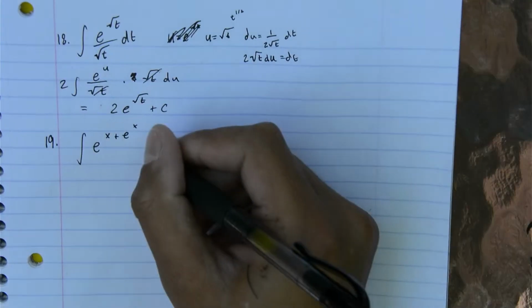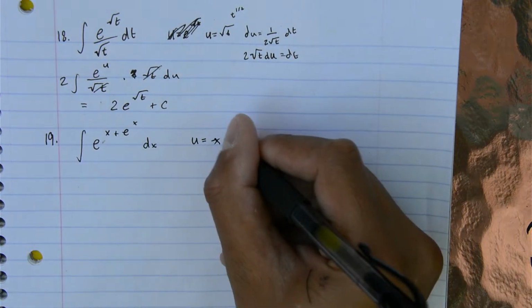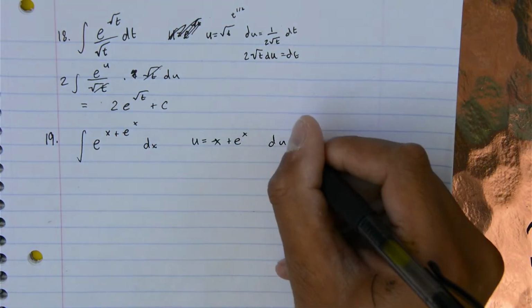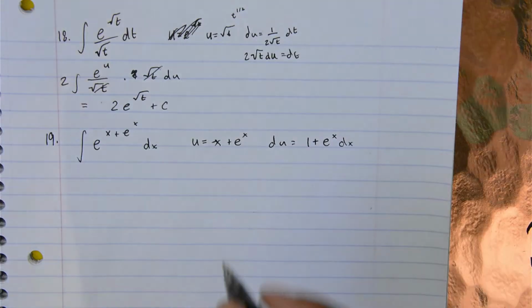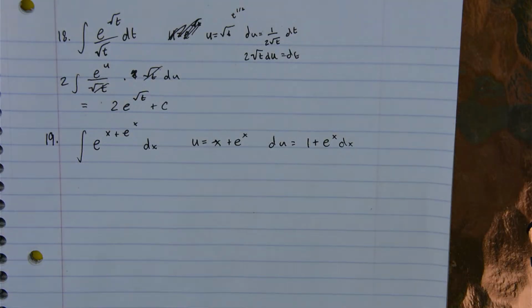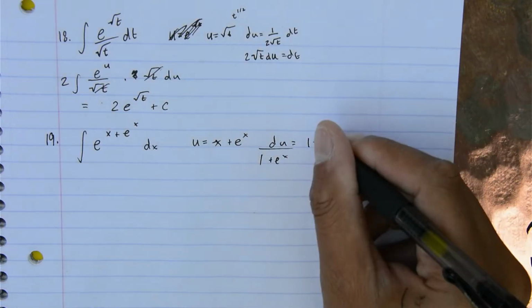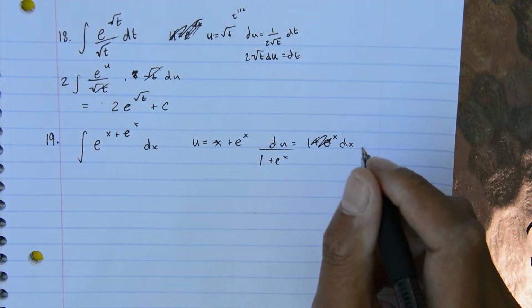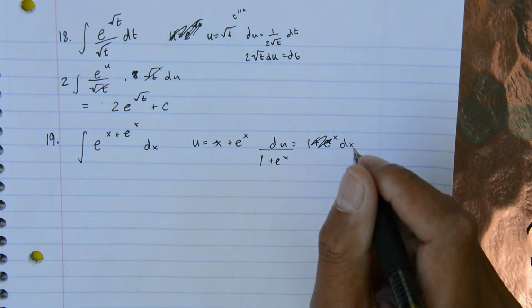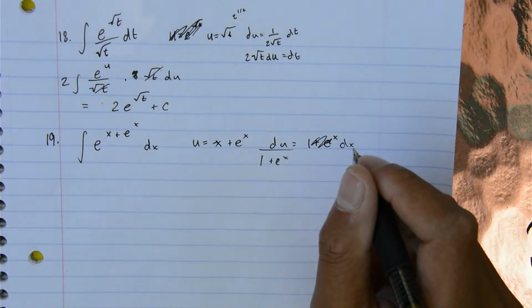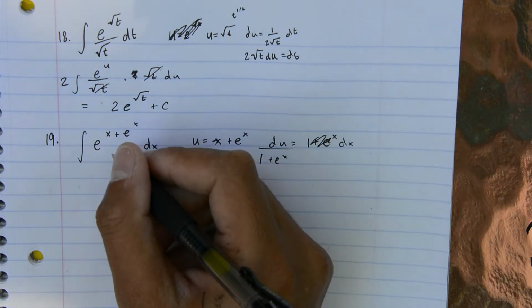All right, so I think what we want to do, if u is equal to x plus e to the x, then du is going to be equal to 1 plus e to the x dx. But then you have this 1 plus e to the x down here. Well, you could also do this.